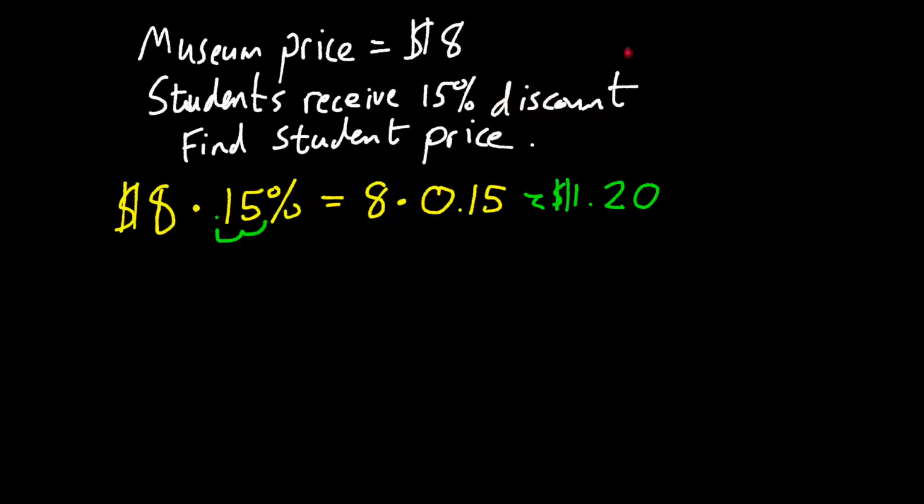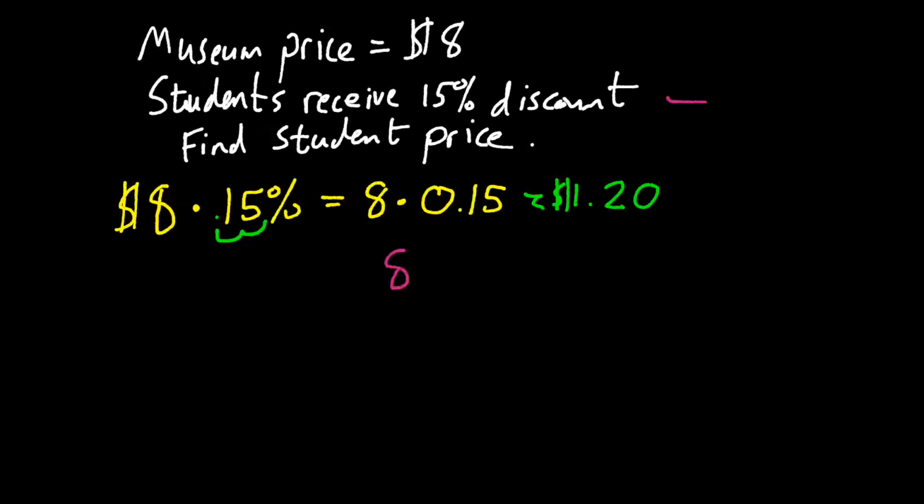Now we are talking about a discount price. So that means if I have a discounted price, I must be decreasing the original price. And how do we decrease the original price? We subtract.